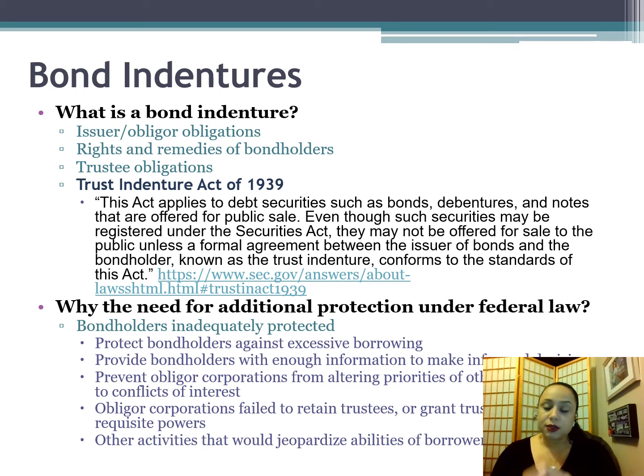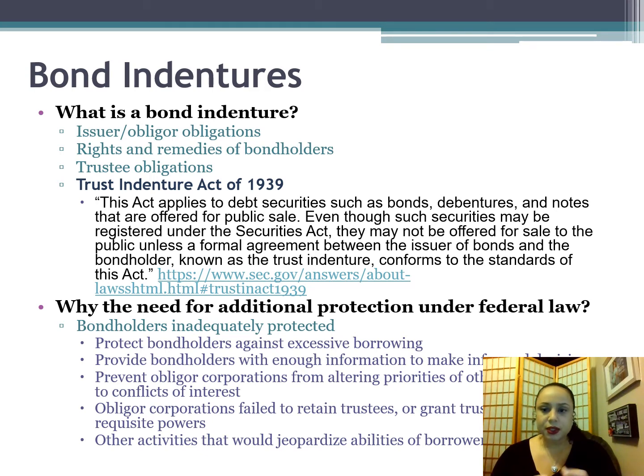And legally, the trustee is obligated to consider the interests of the bondholders as third-party beneficiaries. And so the terms of this contract, or at least the requirements of what this contract should include, are set forth under the Trust Indenture Act.